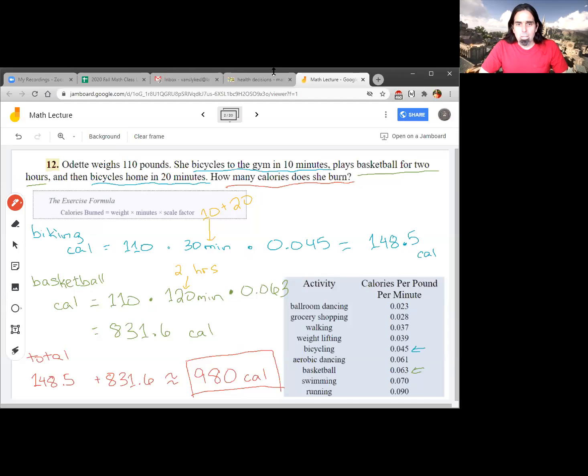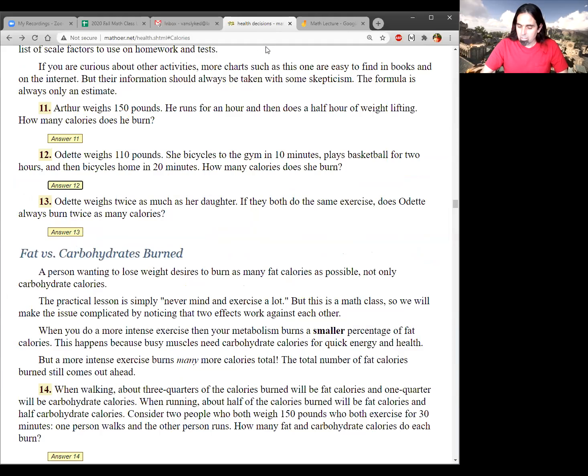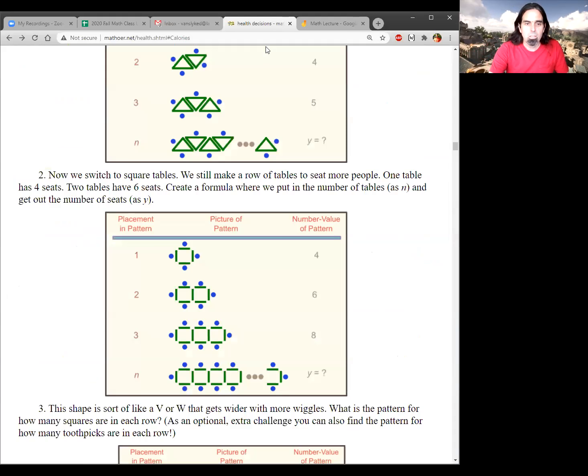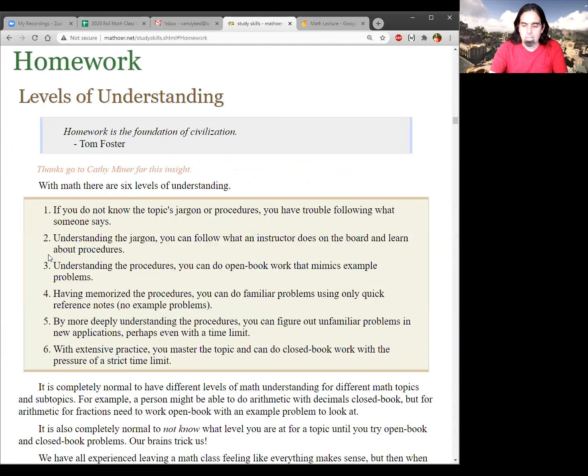So I'm going to make things a little taller again, stop doing the Jamboard, and talk about homework and study skills, because there are some study skills that are important enough I will talk about them in class time. So in math, there's 6 levels of understanding, and it's perfectly normal to have a different level of understanding for all kinds of different math topics.